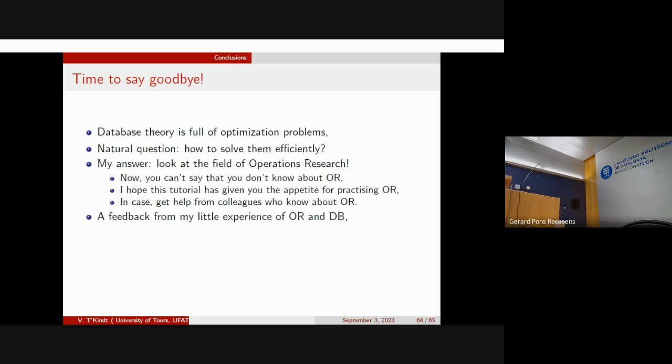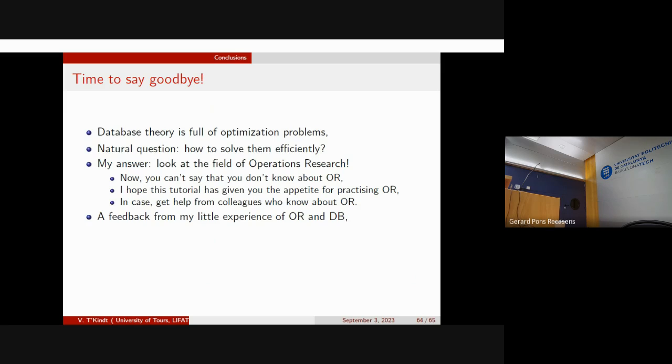A little feedback, and I stop with that, is that when we started to work on this problem, I came with my habits. Like, okay, we randomly generate data to test the heuristics, and we get the behavior on average of our algorithms. And finally, it appears that this doesn't work with your problems because your problems are very particular. You say, oh, I take one database and I solve my problem on this database.